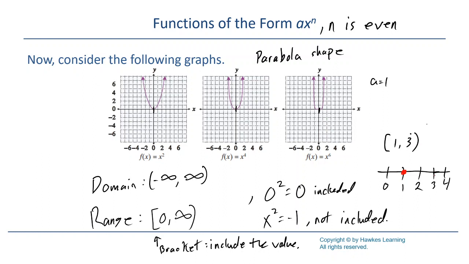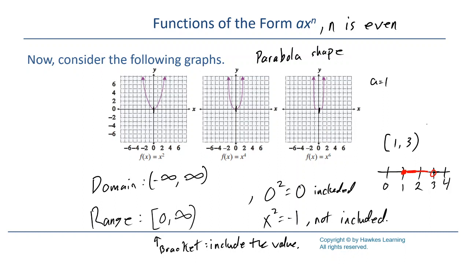And because 3 is excluded, you would use the open circle to represent that it's not included.